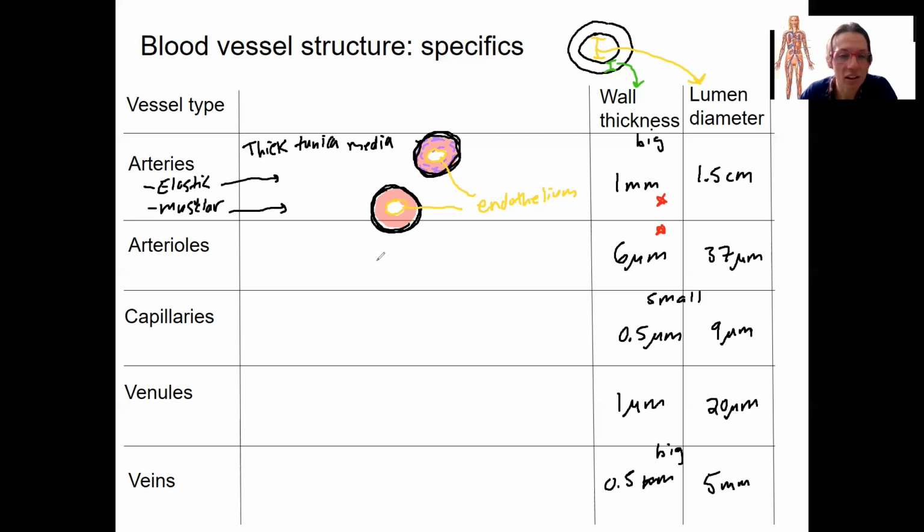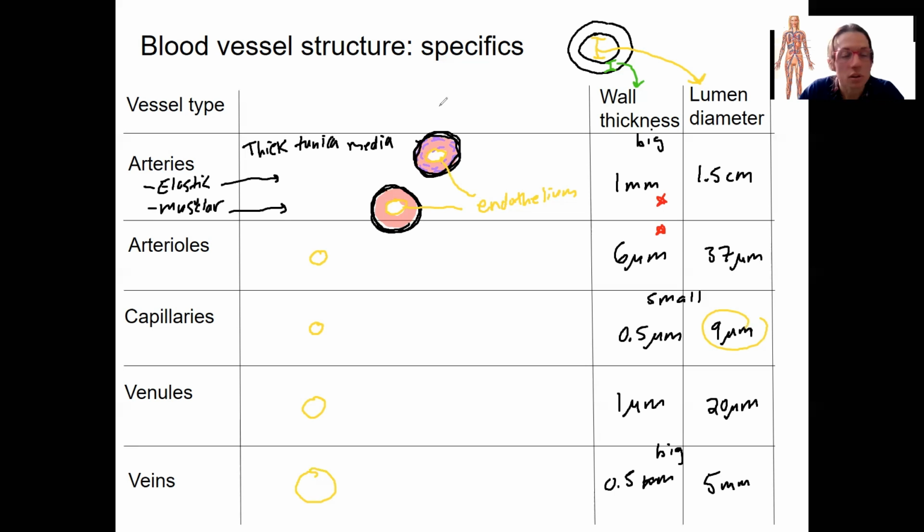I'm going to draw that the same in all of these. Not the same size, but the same structure. It's going to get a little smaller in capillaries. How do we know? Because that was this. Again, I'm not drawing these exactly to scale. I'm just trying to draw the tunica into the endothelium in all of my pictures.